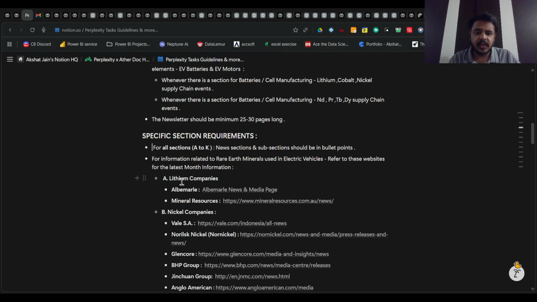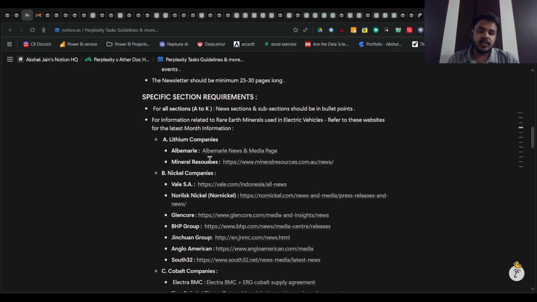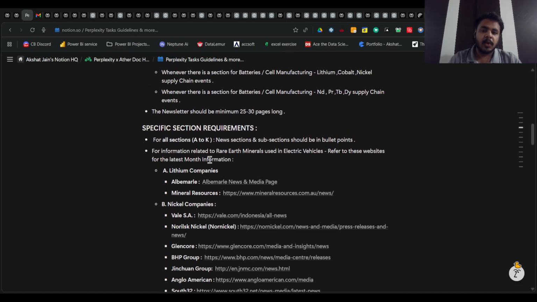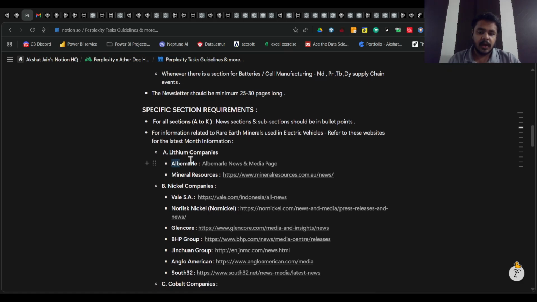Then, for example, for rare earth minerals, what happens is that duplicate news gets mentioned by various websites, which makes the AI model hallucinate and extract the wrong news. So for this, we want only the official news made by these companies, for example, mineral resources and all that stuff.